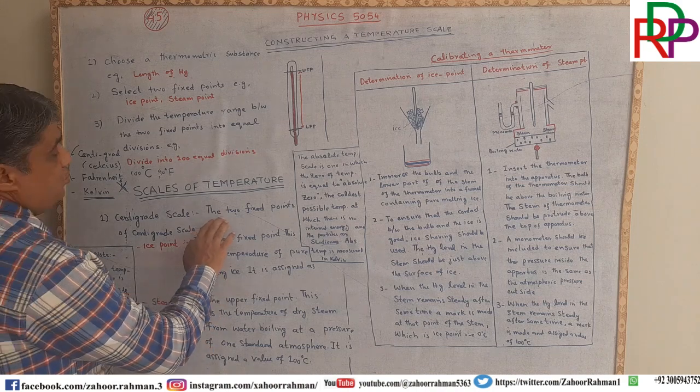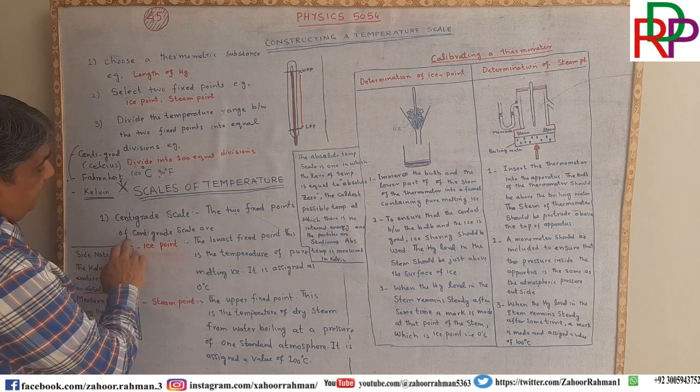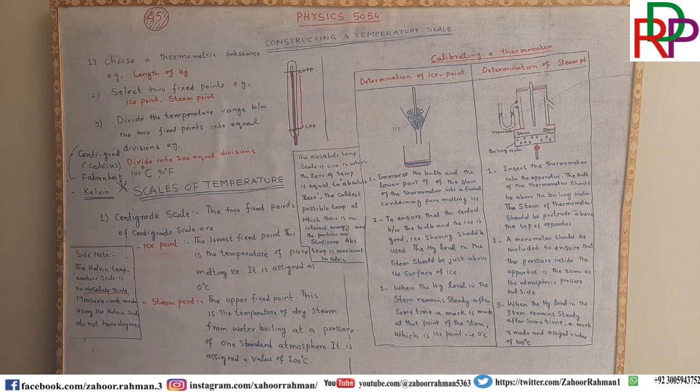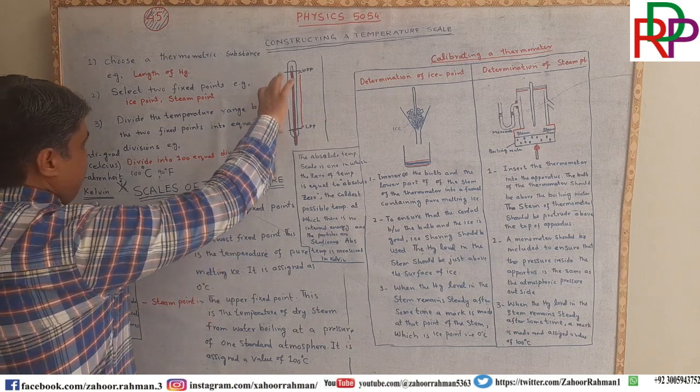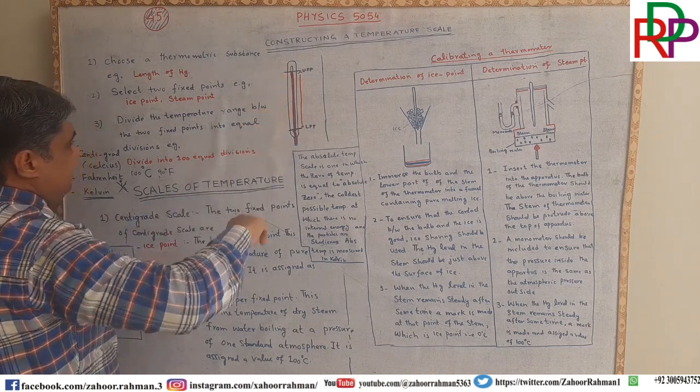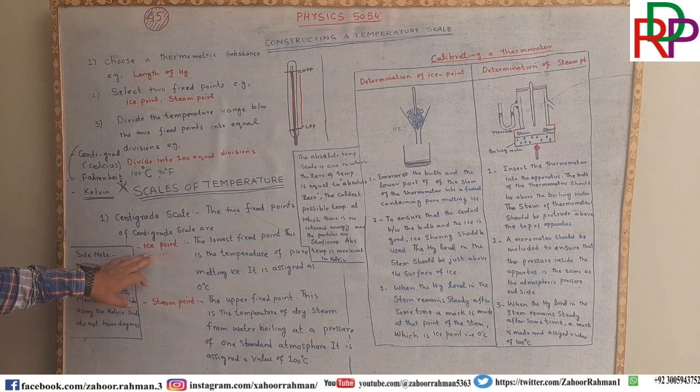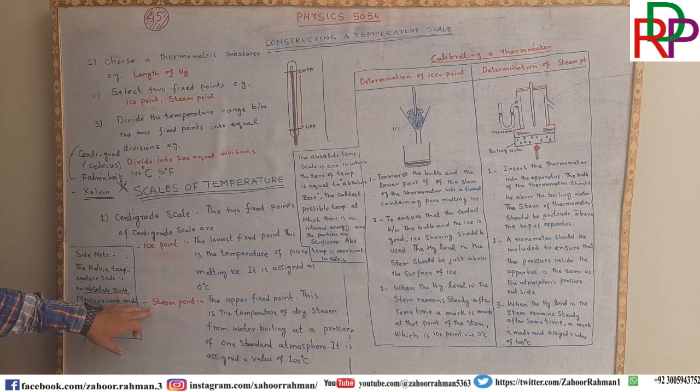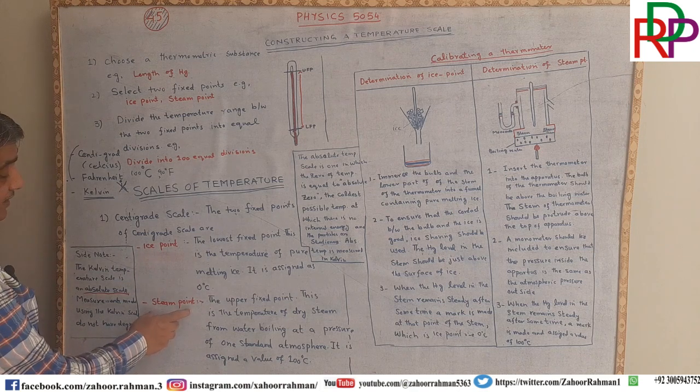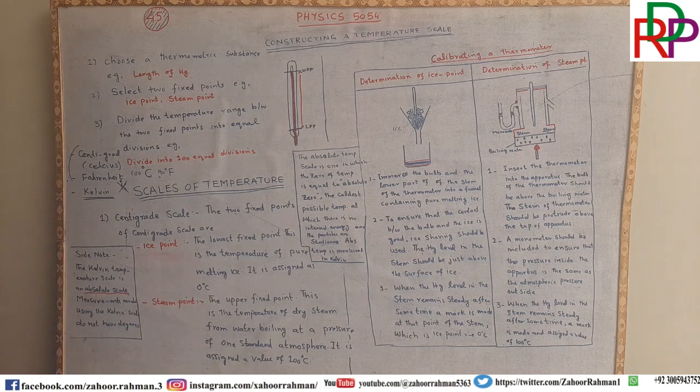There are two fixed points of the centigrade scale, and those two fixed points, as I discussed earlier, are the ice point and the steam point. Ice point is also called the freezing point, and steam point is also known as the melting point.